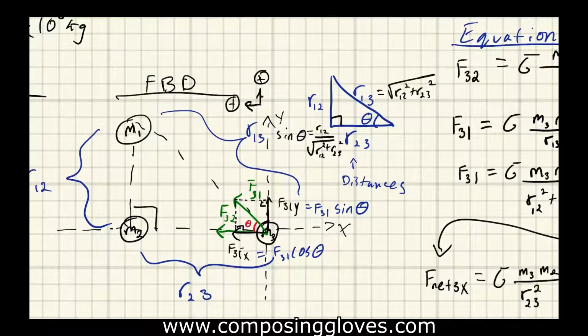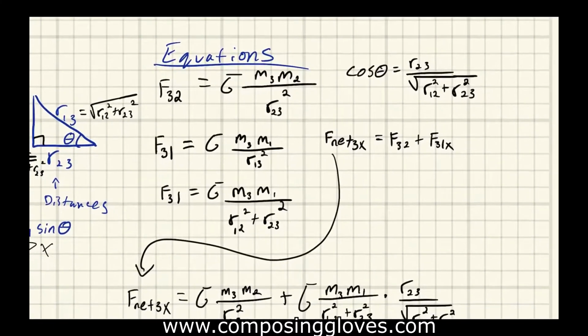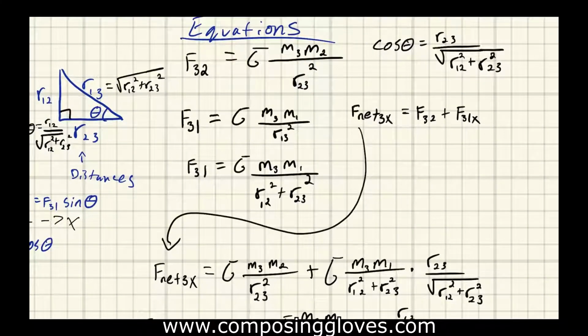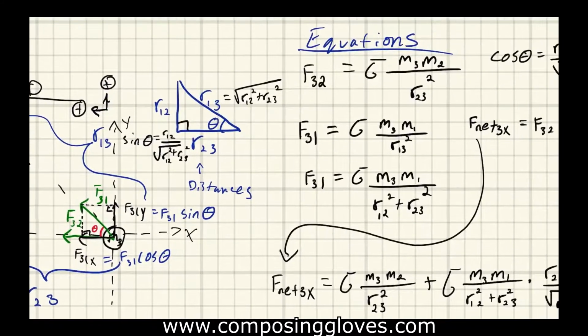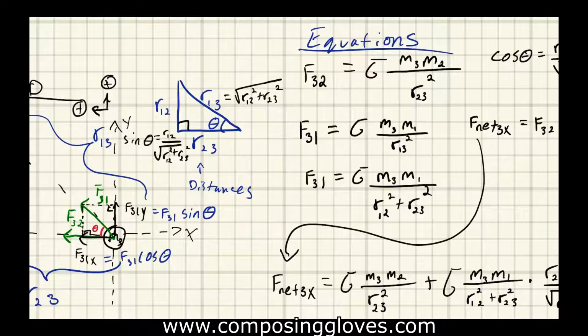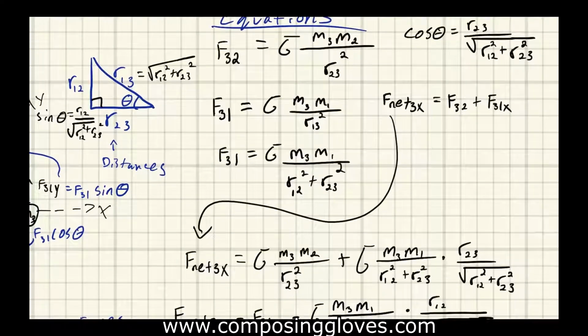Now let's take care of some of the other vectors. F31 is going to be equal to G M3 M1 over R13 squared. However, this is going to be at some angle, so we can't use this definition.